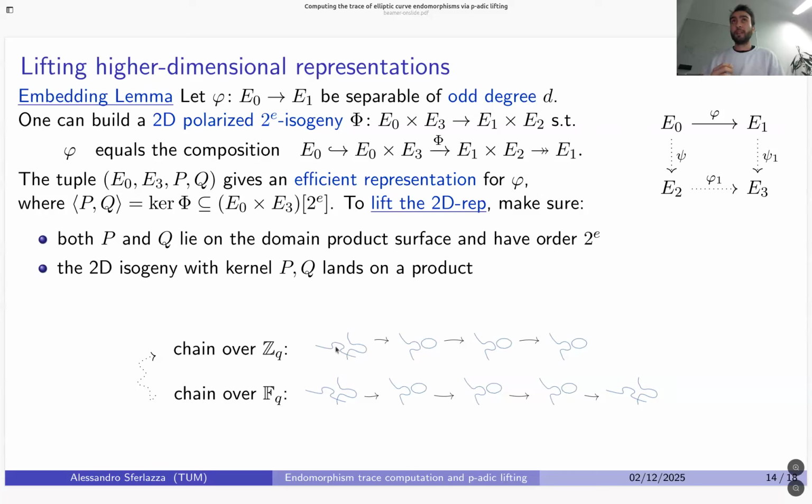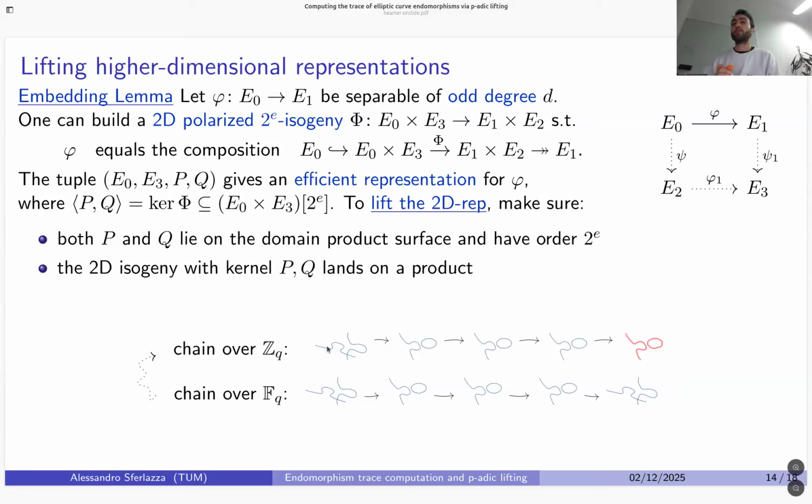But if the lifts we chose arbitrarily at the beginning of E0 and E3 are not the correct ones that lift this split chain, then we end up in a different kind of chain that doesn't split in the end.